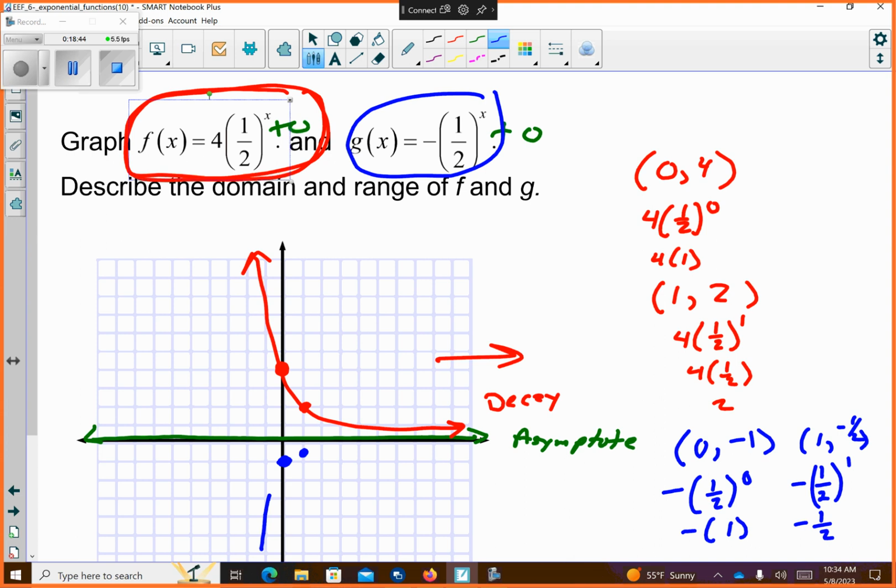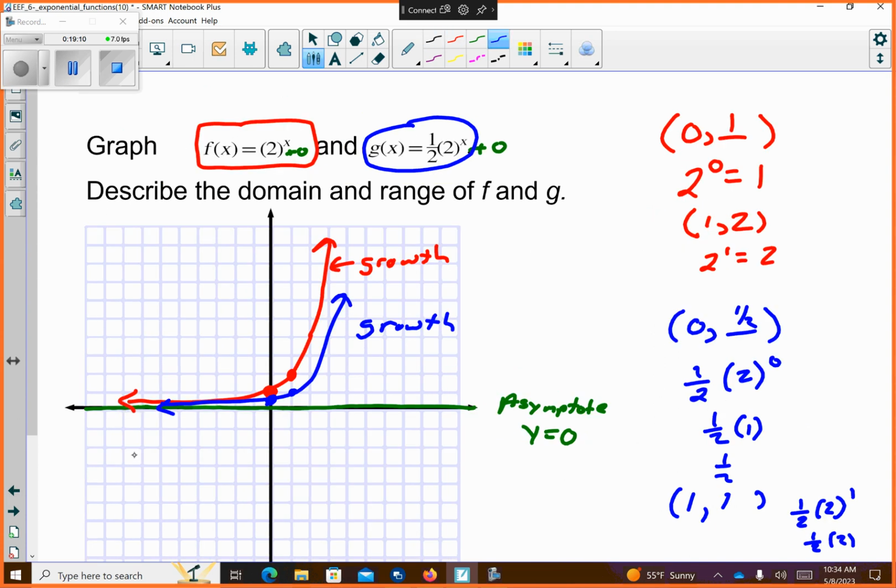So this is going to look like this. Friends, is this growth or decay? It's also decay. It's decay because as I go to the right, it's squeezing really close to the asymptote. Okay? So there's growth and there's decay. Okay? Now, I'm going to go back one slide.